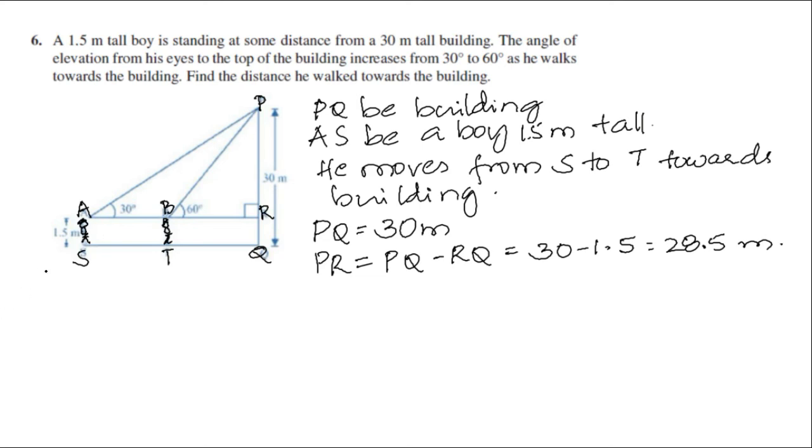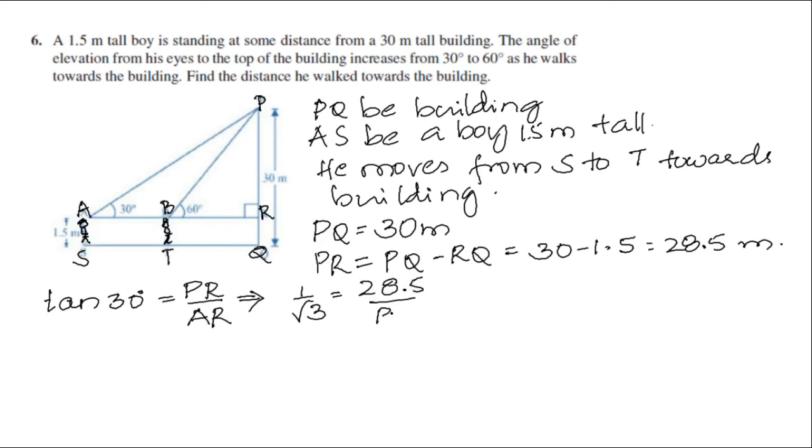Let us consider tan of 30 degree. Tan of 30 degree is opposite side PR upon AR. Tan 30 degree, the value is 1 upon root 3. PR will be 28.5 divided by AR.